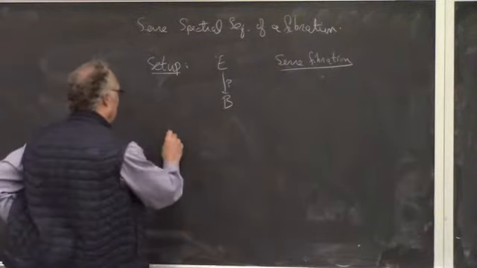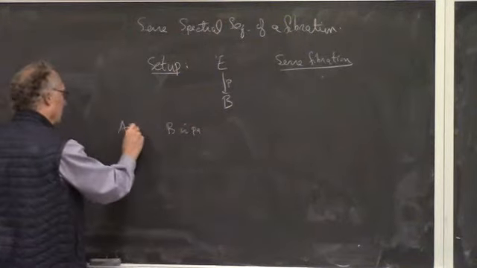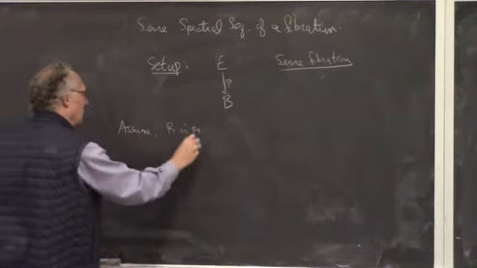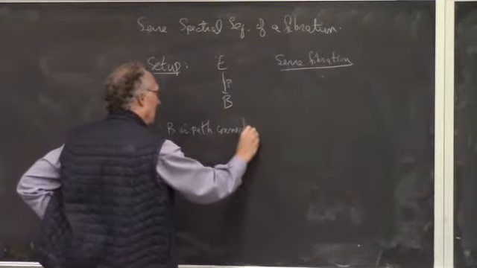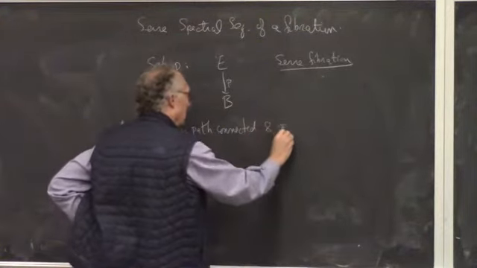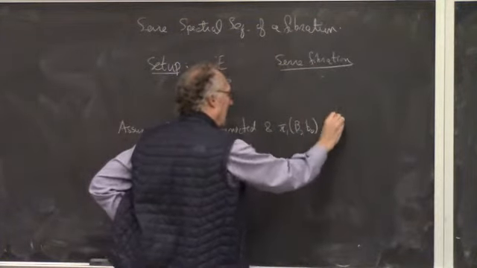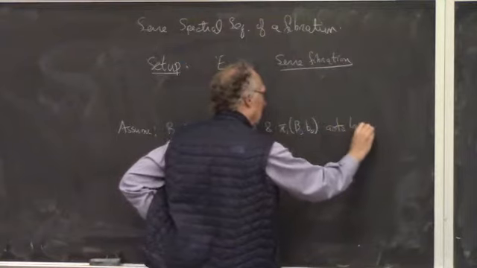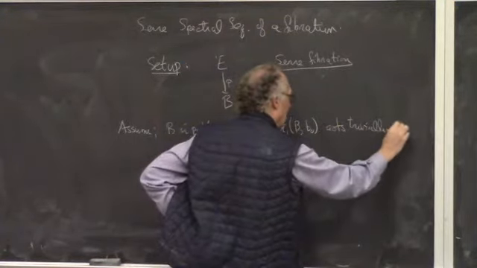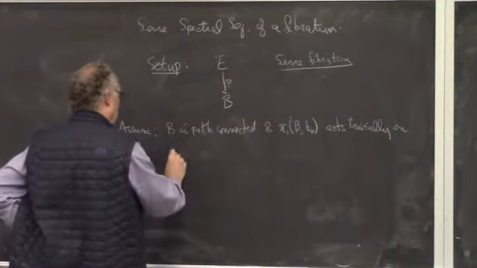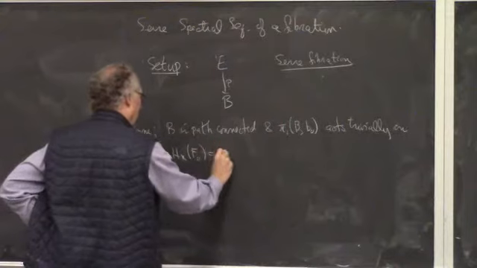I'm going to assume that B is path connected, and the fundamental group of B, based at the favorite base point, acts trivially on the homology and cohomology of the fiber.